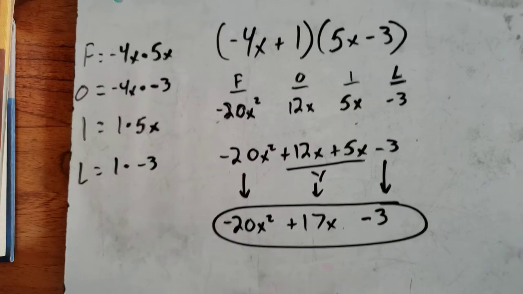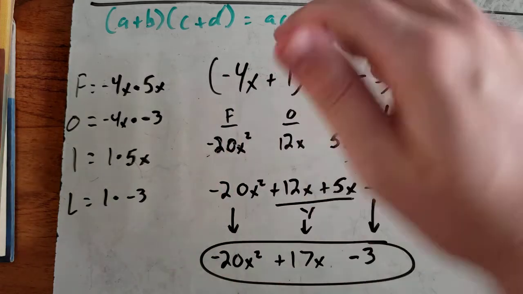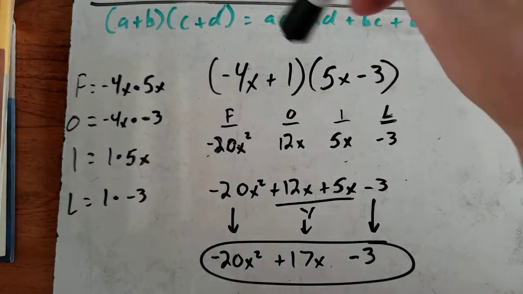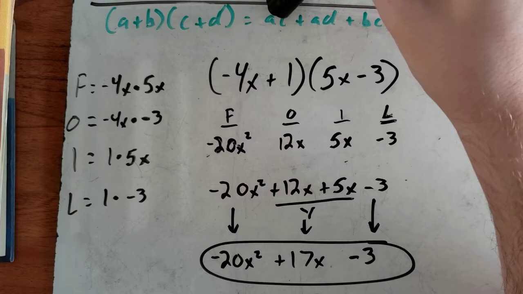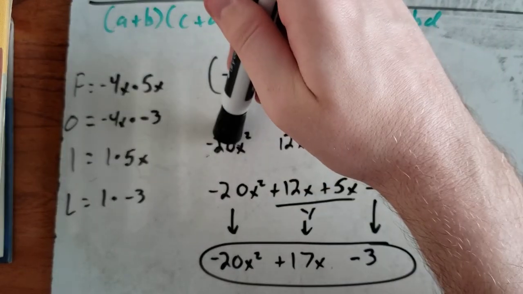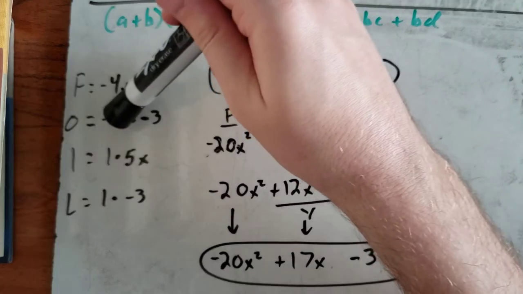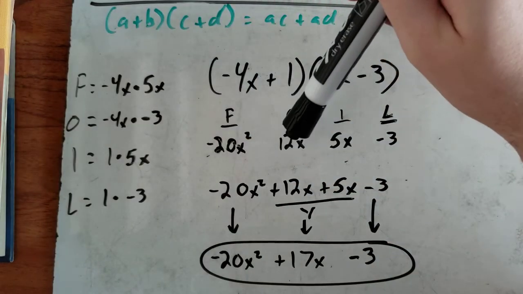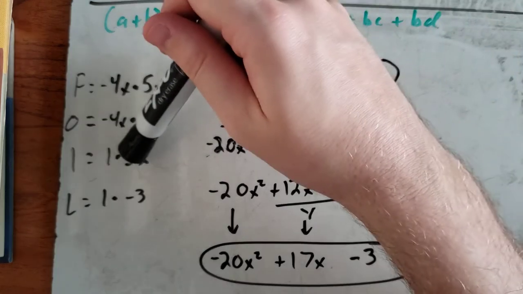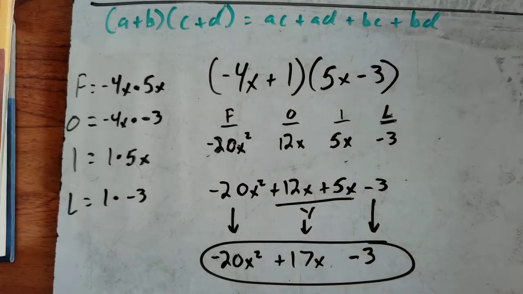Same process, just some extra numbers in there, some negatives thrown in there. Our first terms, negative 4x times 5x, negative 20x. Our outer, negative 4x times negative 3, positive 12x. 1 times 5x, 5x. 1 times negative 3, so negative 3.